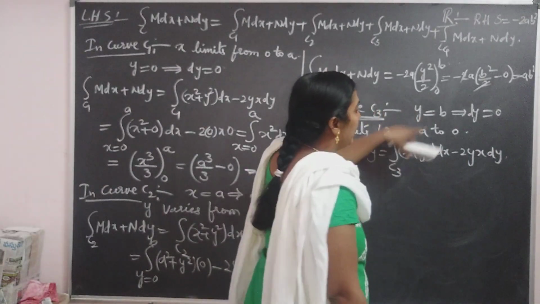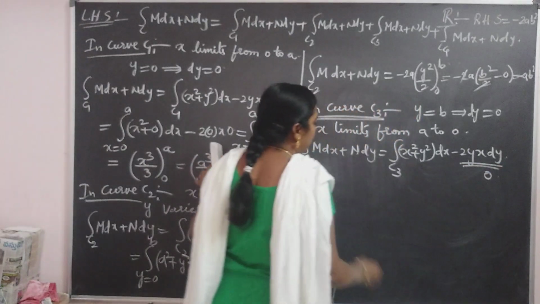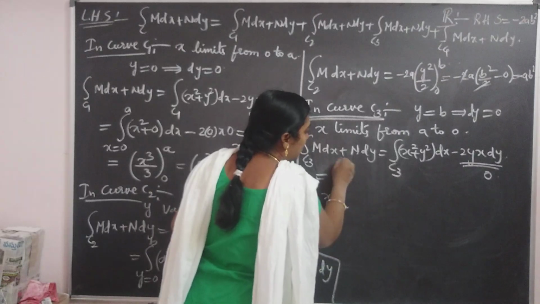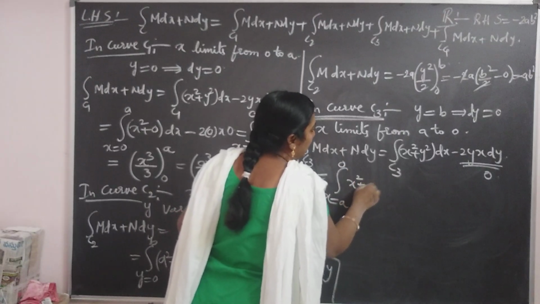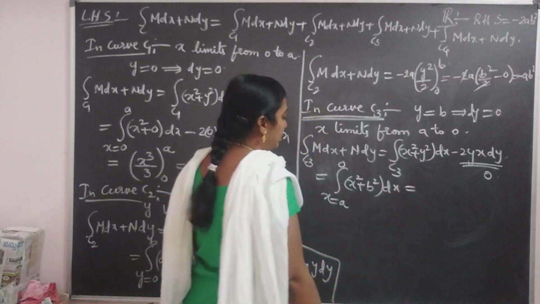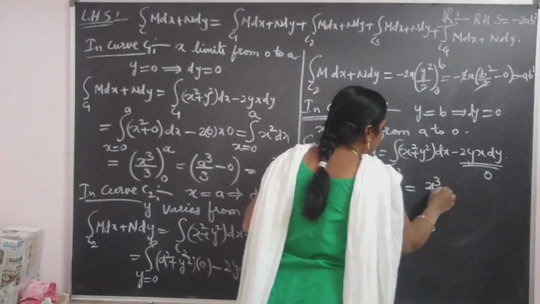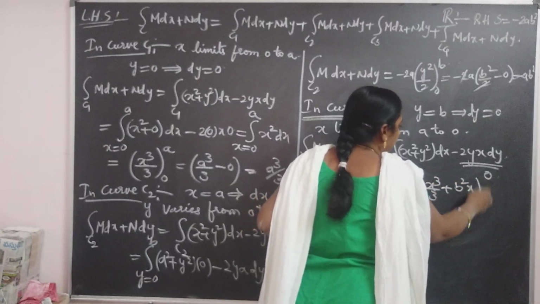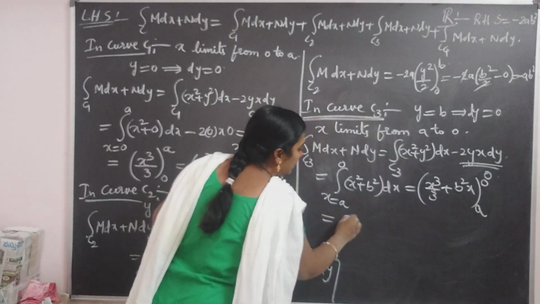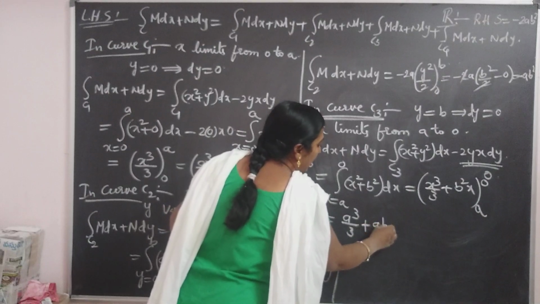Substitute y equal to b, dy equal to 0, which makes that term 0. It is equal to limits x from a to 0 of x square plus b square into dx. The integration is x cube by 3 plus b square into x, limits from a to 0.